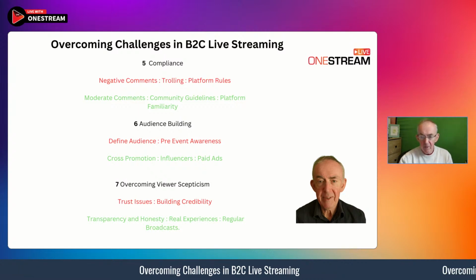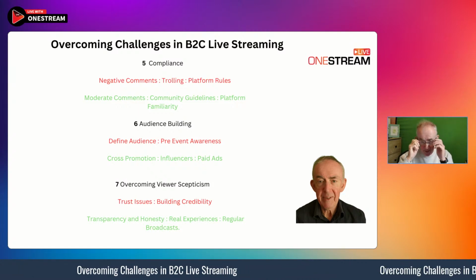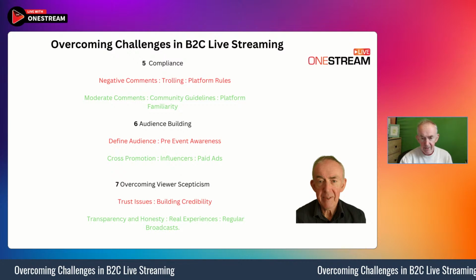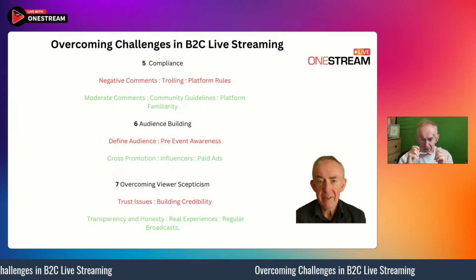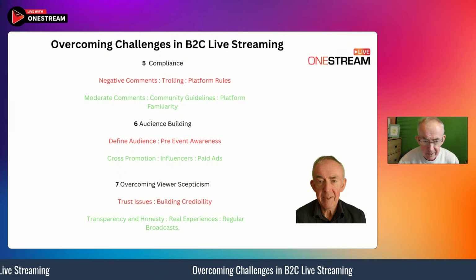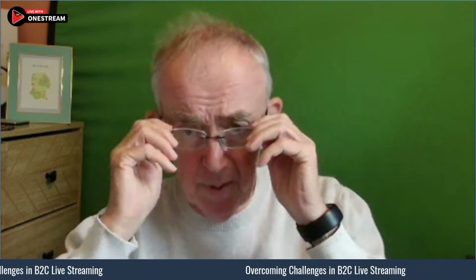So basically, transparency and honesty. You've got to be yourself when you're live broadcasting. You have to talk honestly about the product or service you're promoting. And the other thing is you have to talk about your real experiences with the product. And I can do that. I mean, everything that I sell on Amazon Live, I use. So I use the Obspot camera, I use the Elgato Wave 3 microphone.